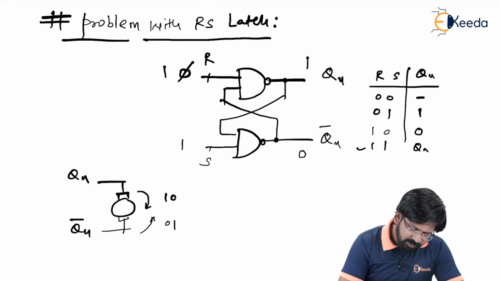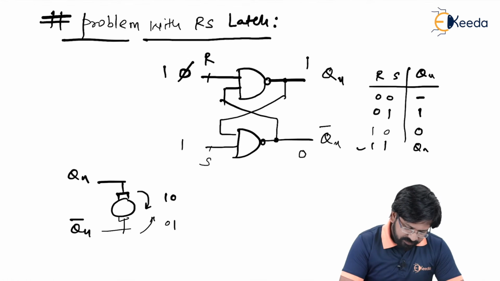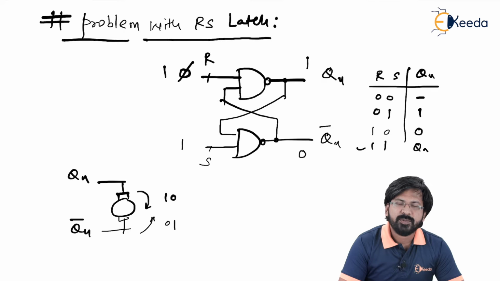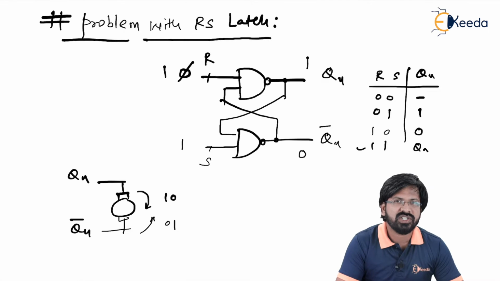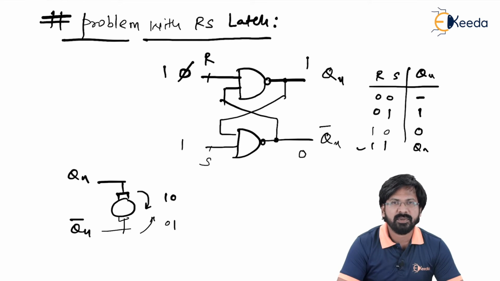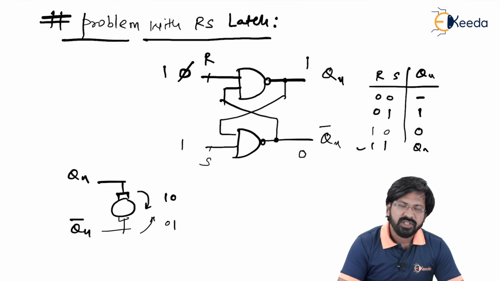Therefore Qn will remain 1 and Qn bar will remain 0 as long as R equals 1 and S equals 1. Since the motor should run clockwise for a longer period of time and I want my latch not to change its condition, I am expecting R to remain 1 and S to remain 1. But then I'll tell you the reality.